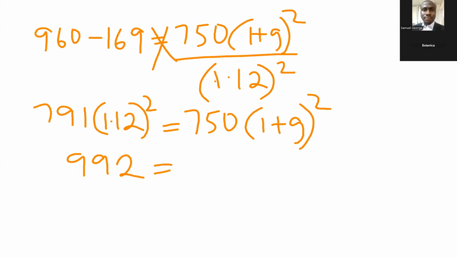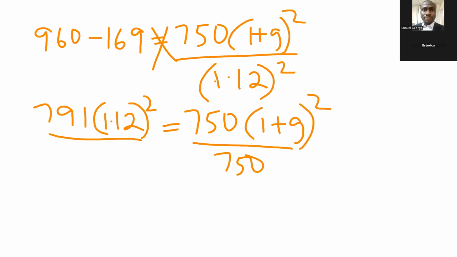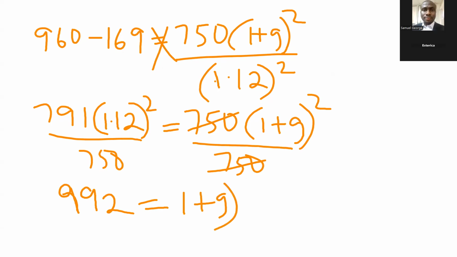Then divide both sides by 750. I am going to have 992 divided by 750 equal to 1 plus G raised to power 2. Then move that over, G will be equal to the square root of 992 divided by 750, minus 1.